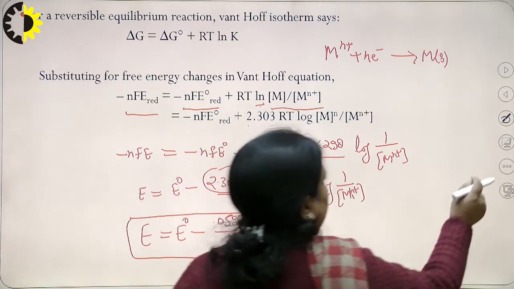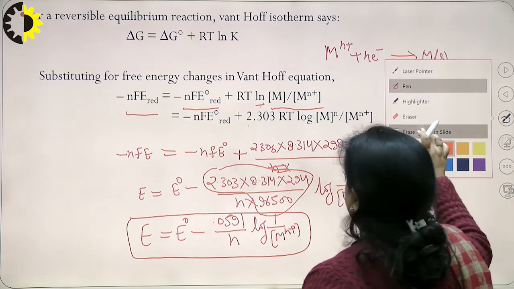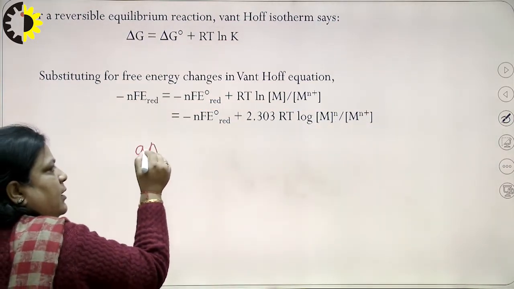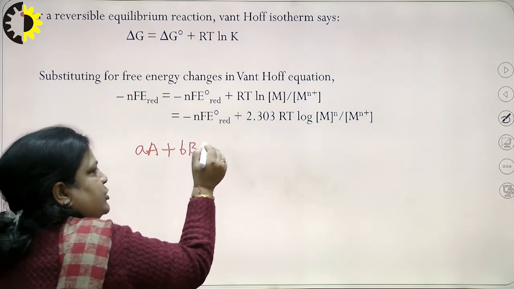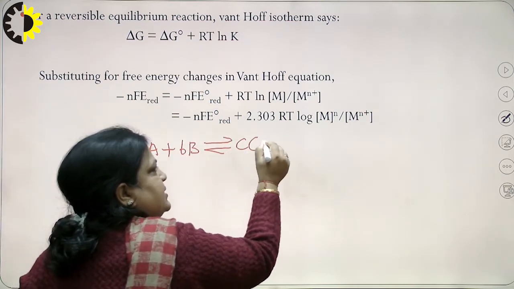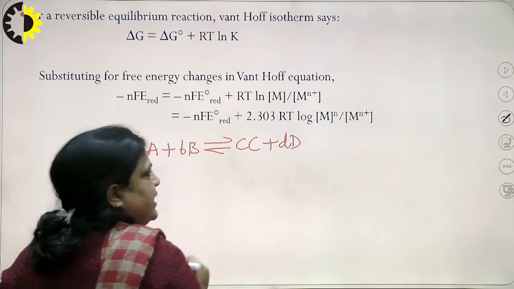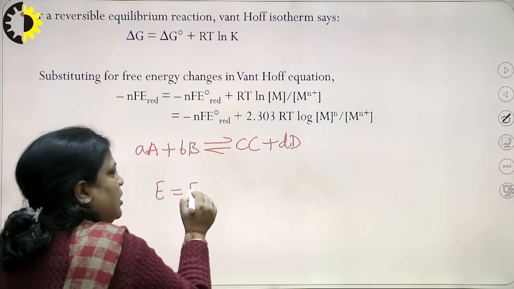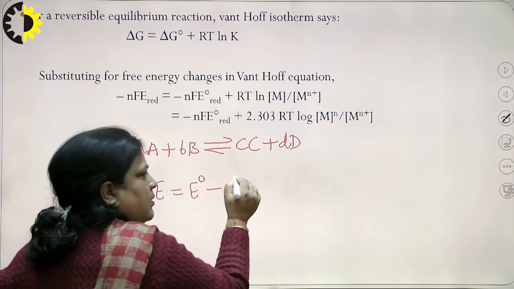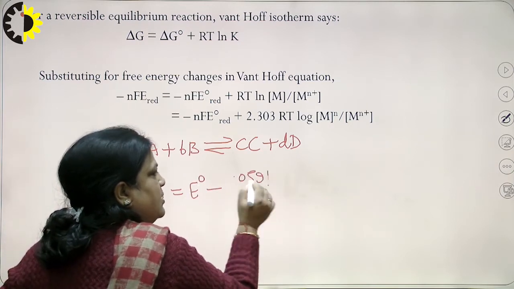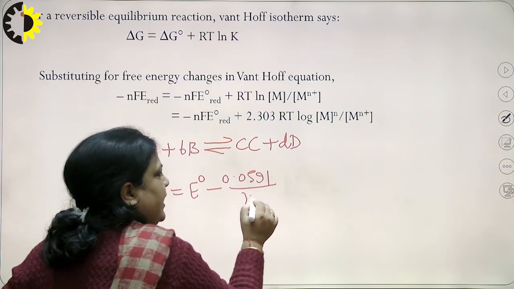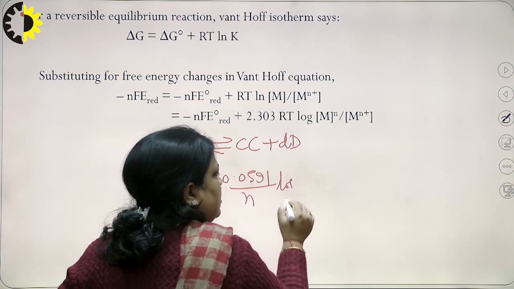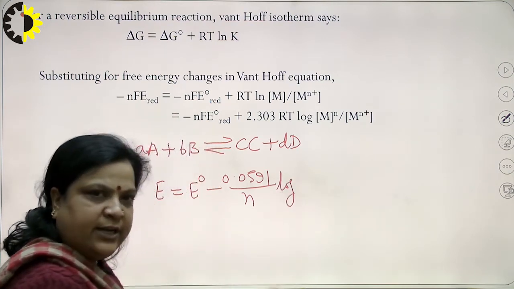Now, for a reversible reaction, let the reaction be aA plus bB, which gives cC plus dD. For this reaction, the Nernst equation will be E is equal to E naught minus 0.0591 divided by n, where n is the number of electrons, log of concentration of product upon concentration of reactant.